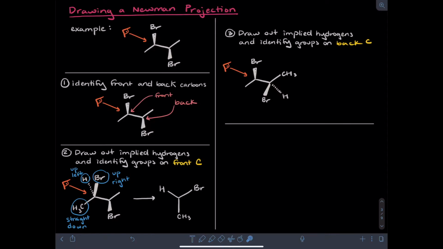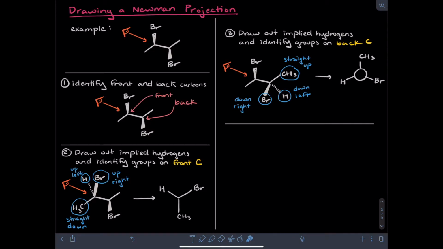Next, we have to do the tricky work of imagining looking at this molecule down the bond from the observer's perspective. From that perspective, the CH3 group is pointing straight up. The wedged bromine points down and to the right, and the dashed hydrogen points down and to the left.